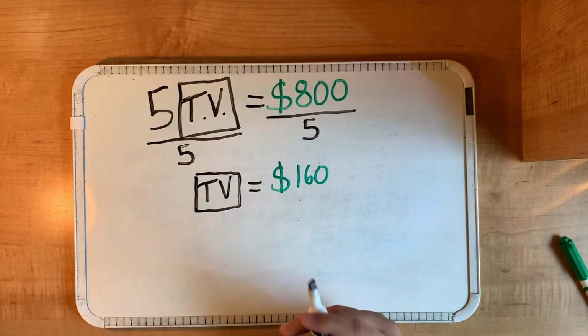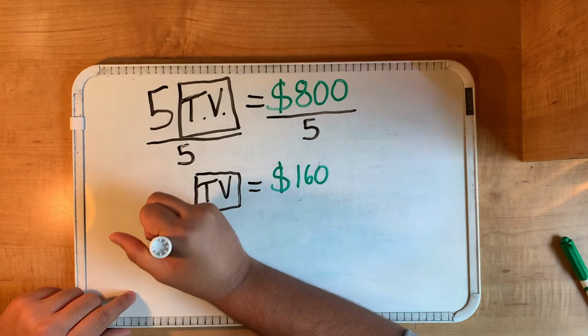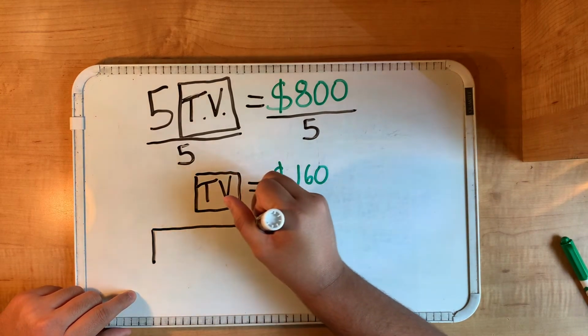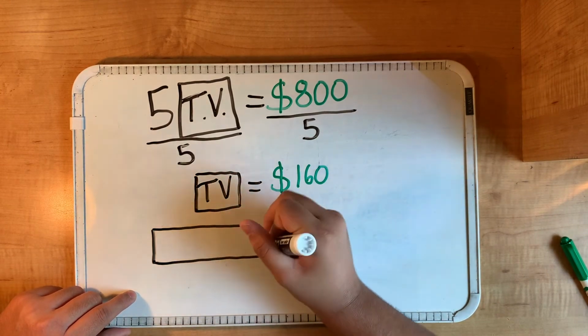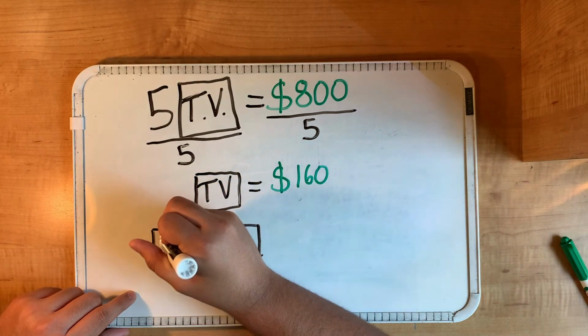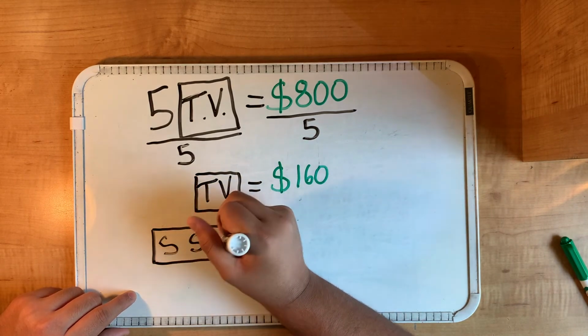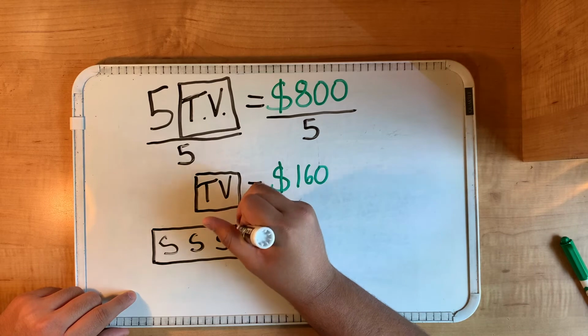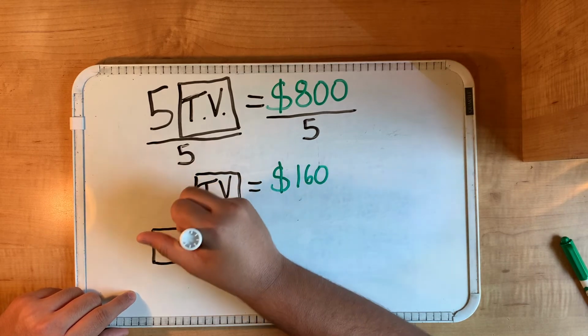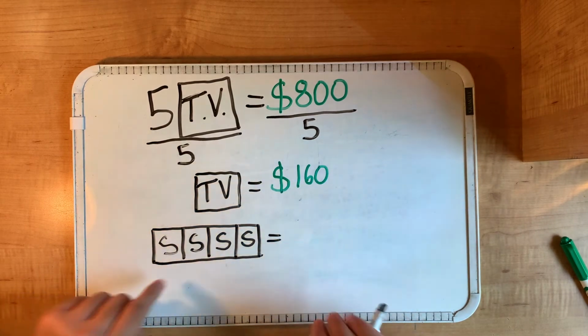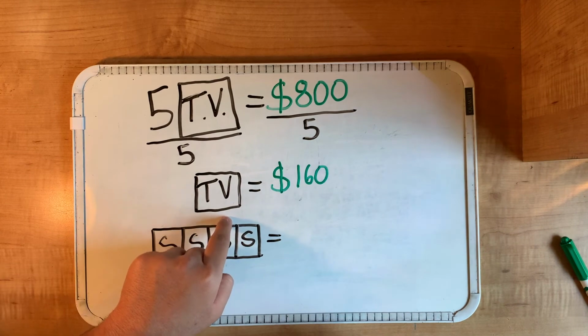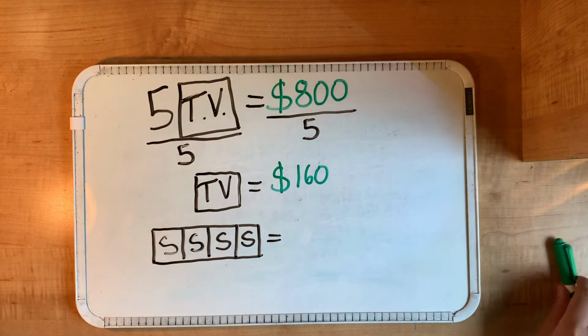You can write that by basically saying 4 speakers, 1, 2, 3, 4 speakers, is equal to 1 TV, which we just found is $160.